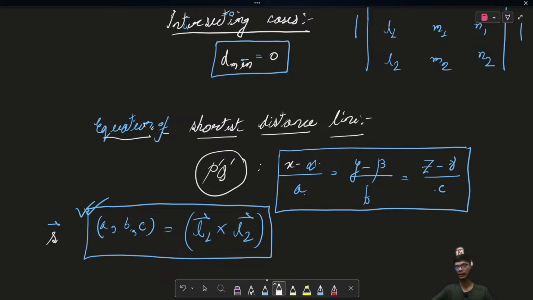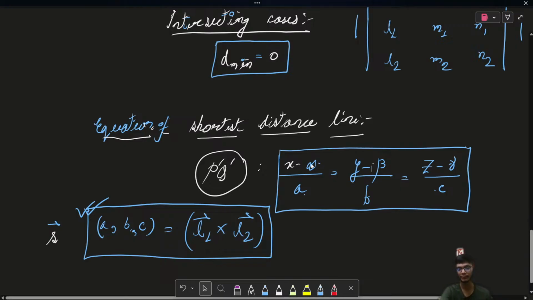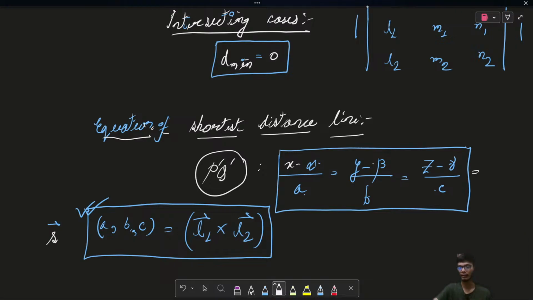Now, if I need to find one point on it, how am I going to do that? It's very simple. For the minimum distance, I will assume a point with some parameter mu.